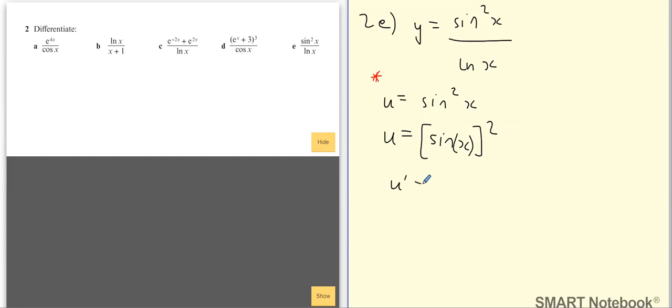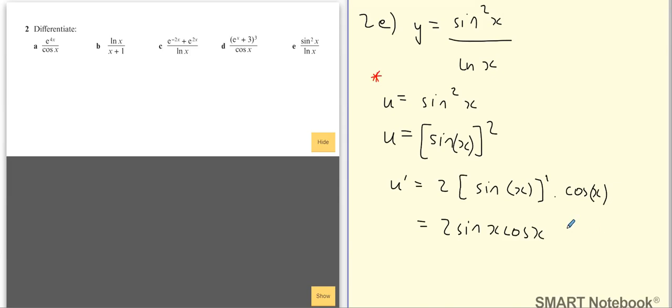So u dash is going to equal, bring the power down, take 1 away from the power, and multiply it by the differential of what's inside the square bracket, which is cos x. So we end up getting 2 sine x cos x.